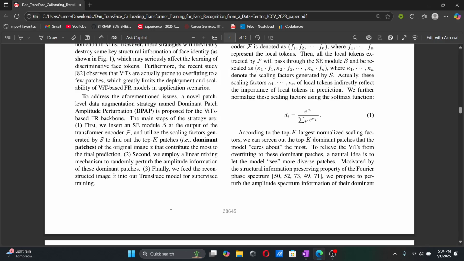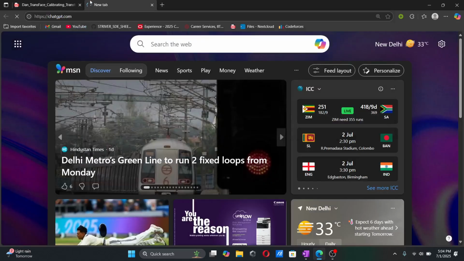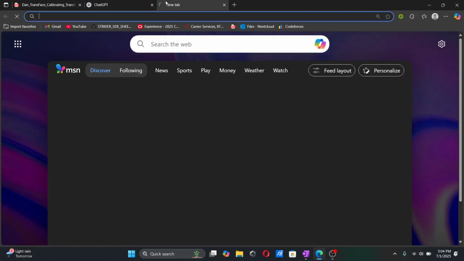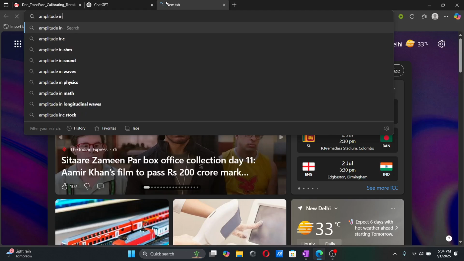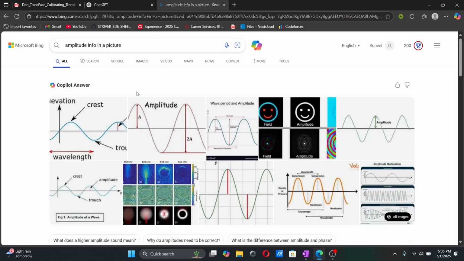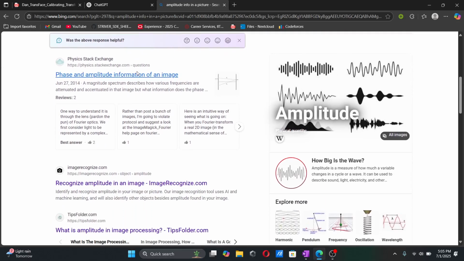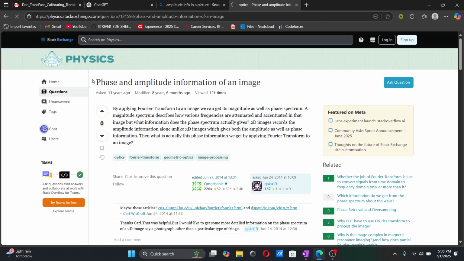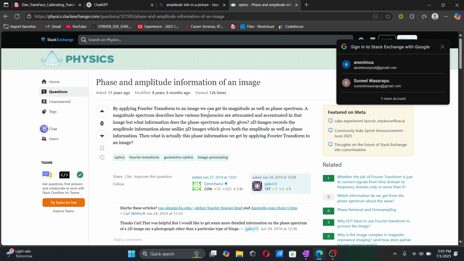Second, we employ a linear mixing mechanism to randomly protect the amplitude information of the dominant bias. Let us see what the amplitude information is about. It could be the intensities of the color, right? By applying Fourier transformation to an image, we get its magnitude as well as phase spectrum. I don't know what Fourier transformation is.